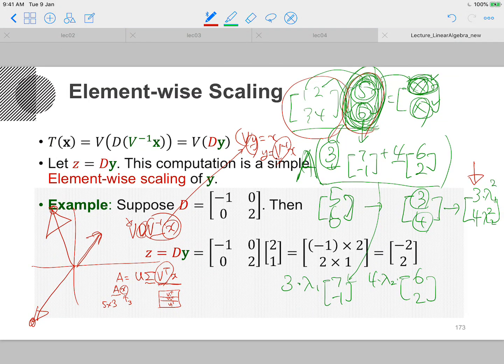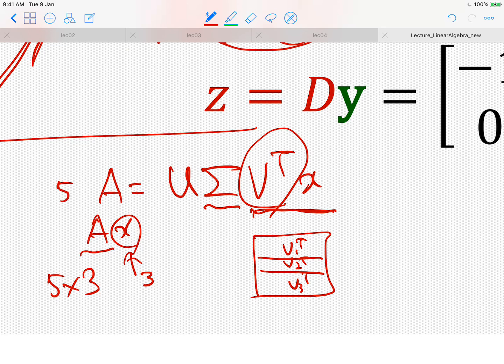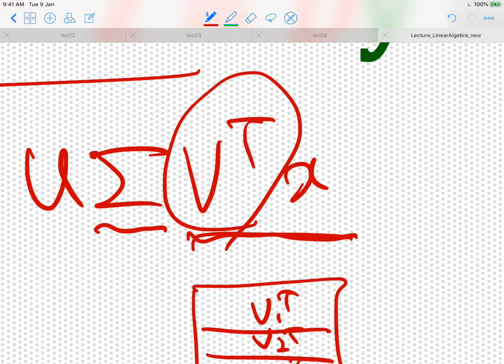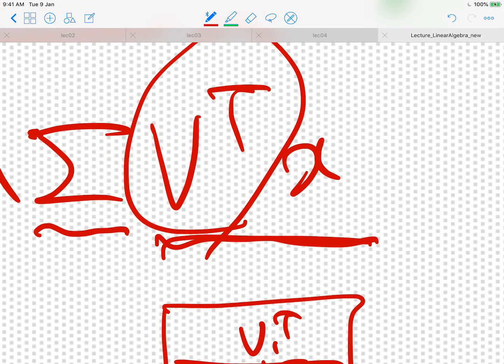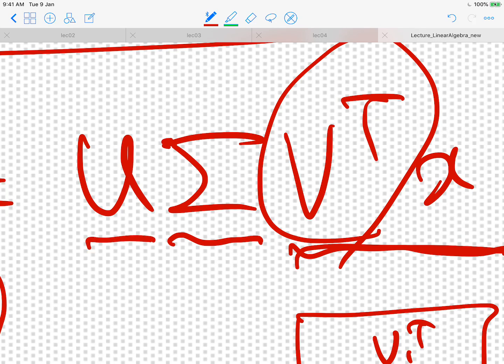But in this case, this is a 5 by 3 matrix. In this case, we send the 3-dimensional vectors into an entirely different 5-dimensional space, right? So that way we obtain this coefficient and then the diagonal scaling, and then when sending it back to some output space, it is no longer the 3-dimensional space, but a new, different 5-dimensional space, and so we now have their own corresponding basis vectors, right?